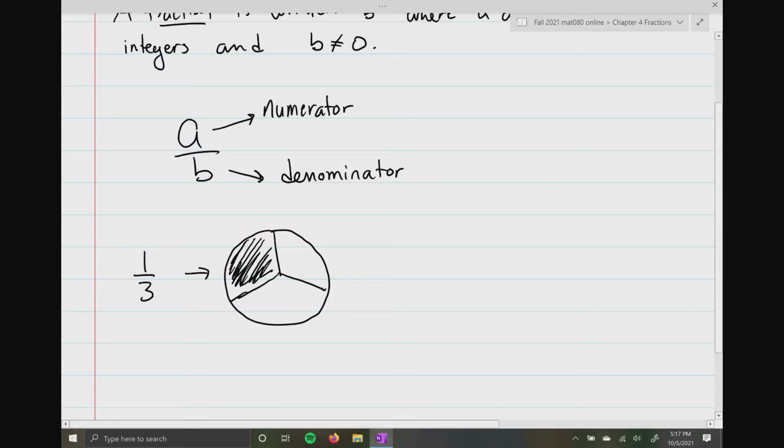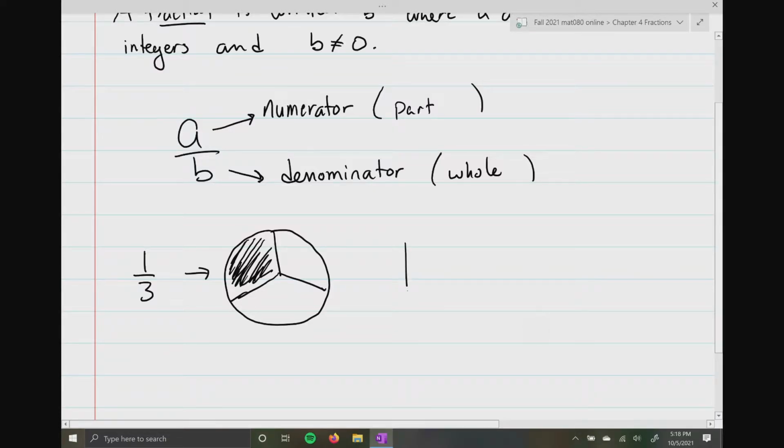Another way to identify fractions is that the top part is the part, in this case the part shaded, and the denominator, the bottom, is the whole thing, so how many pieces total. As you can see with this demonstration, 1/3 is a circle with 3 parts, where only one of them is shaded.